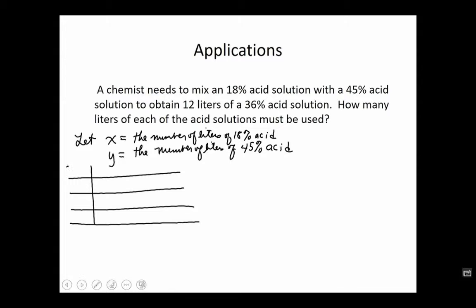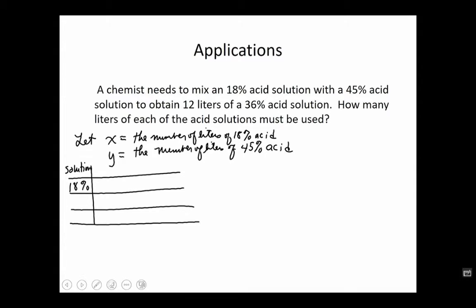In the first column, I'm going to label the solution. We have an 18% acid solution, so let's identify this as the 18% solution.